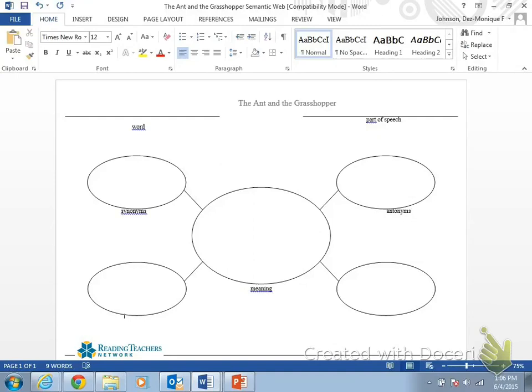In our second bubble here at the bottom, we are going to list our adjectives or adverbs that would go with this word. So remember that if a word is a noun, then when we want to describe a noun, we use an adjective.